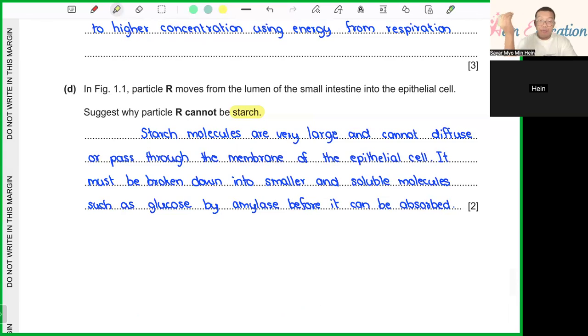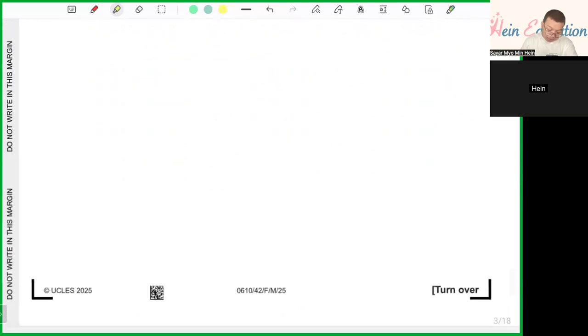It must be broken down into smaller, soluble molecules such as glucose by amylase before it can be absorbed. So basically, after we eat starch, it has to be broken down into glucose by the enzyme amylase, and only then can it be transported. Not the starch, but the product of digestion, which is glucose. So this would be my answer.